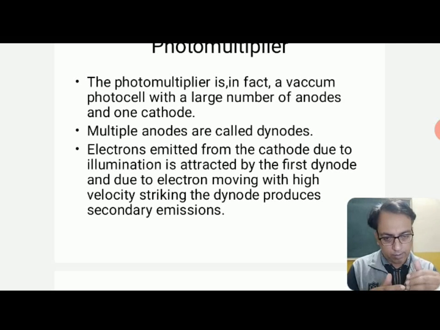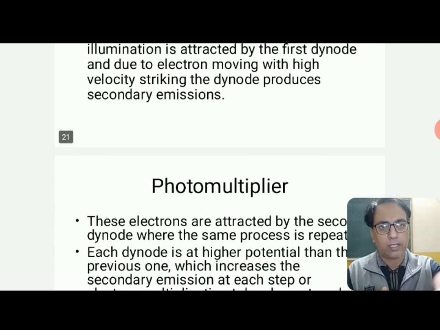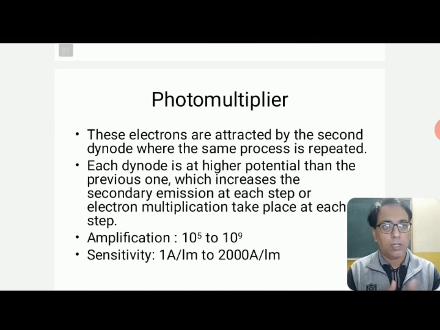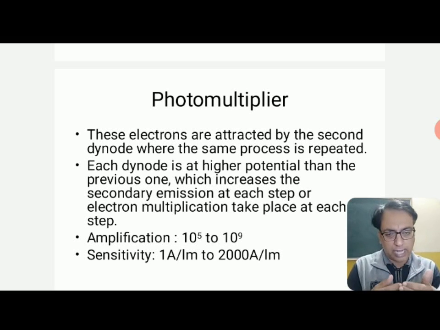The second dynode, which is at a higher potential, attracts that secondary emission, and so on. For example, if the first dynode attracts one electron, its kinetic energy on striking produces secondary emission of, for example, 2 or 3 electrons.